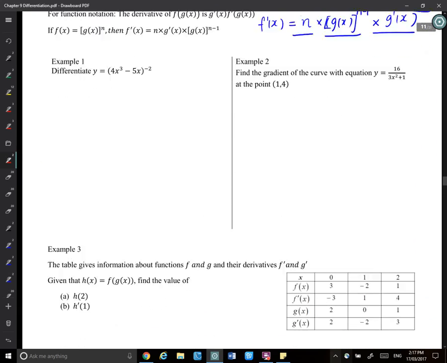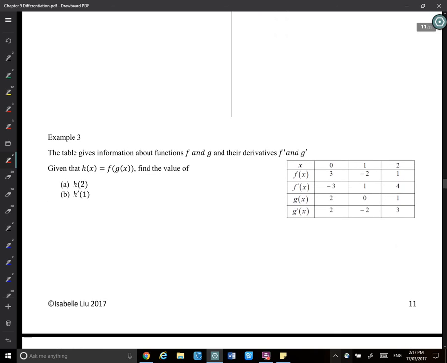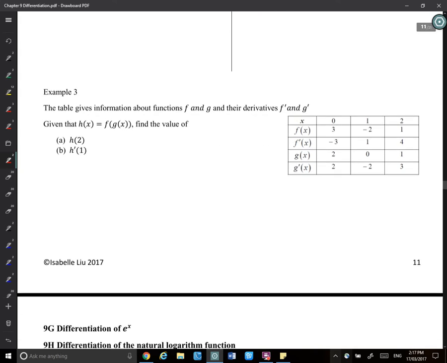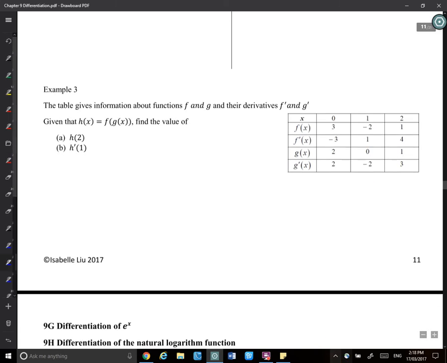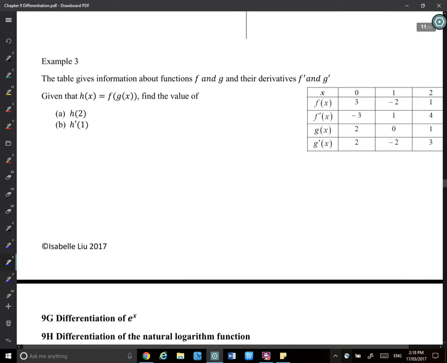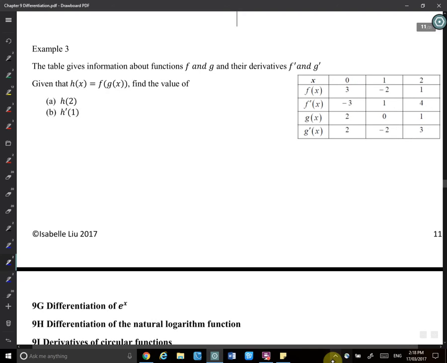Then the rest will be using this. I'll show you example 3, the last example, which is not hard. It's quite fun. So you have h(x) equals f(g(x)). You want to work out h(2). So h(2) equals f(g(2)).